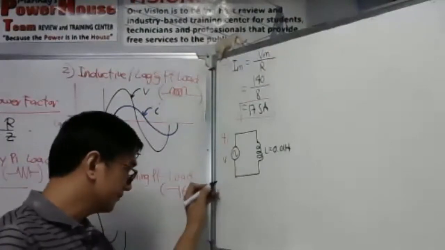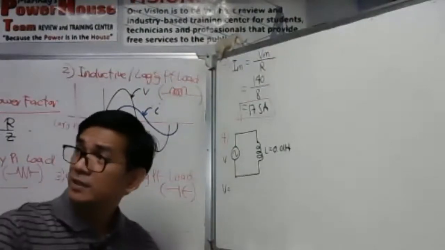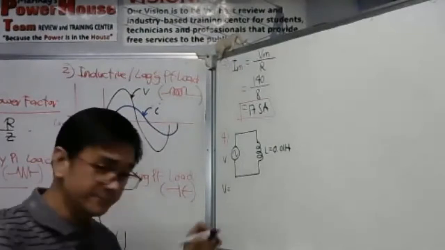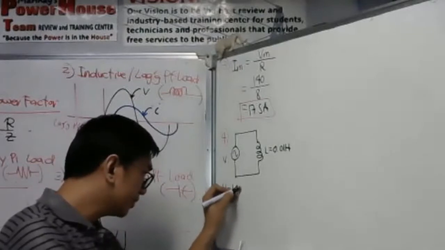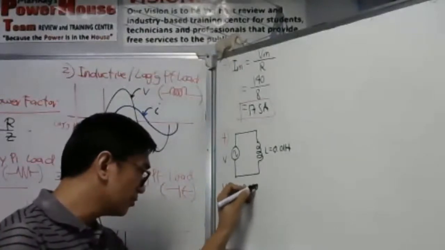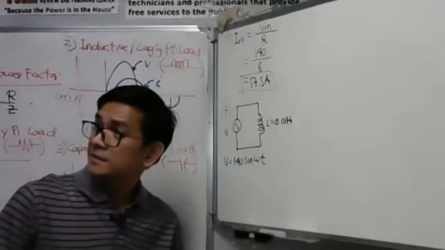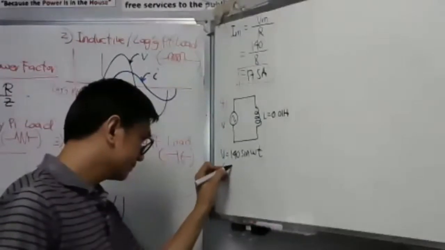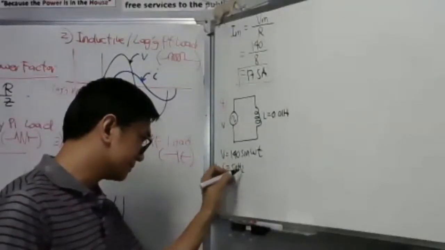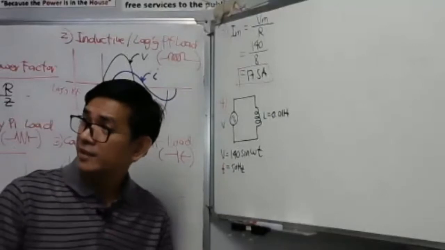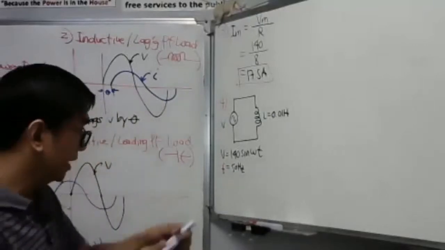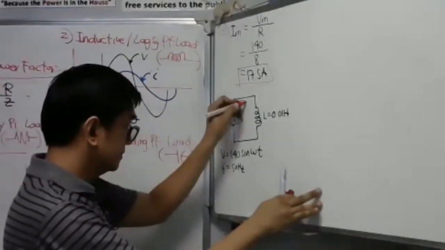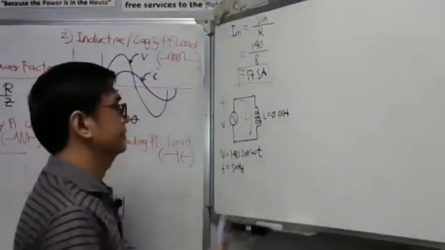Voltage represented by, so we have our voltage V here. Of course, our V max here is 140, then we have here sine omega t supply. The frequency being 50 Hertz. Calculate the current flowing through the coil. So we are asked to find the current here.